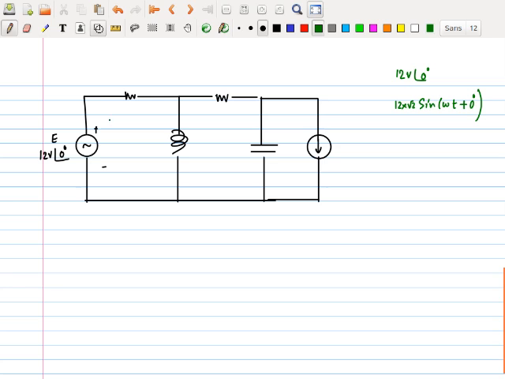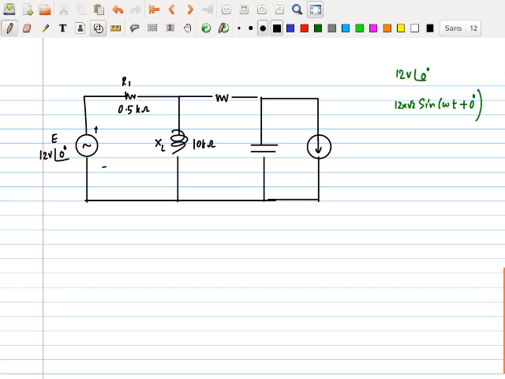Okay, then they have stated R1 to be 0.5 kilo ohms. Then X of L, now remember X of L is what? Okay, I'll write it out also. This is 10 kilo ohms.